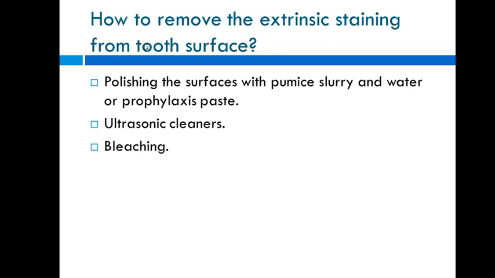So there are three methods for removing extrinsic stain: polishing of the surface with pumice and water or prophylaxis paste, using the paste with the brush at a slow speed; an ultrasonic scaler or cleaner to remove external stains; and the final method is bleaching.